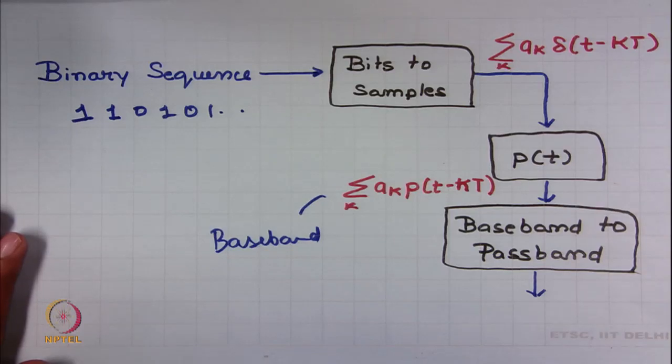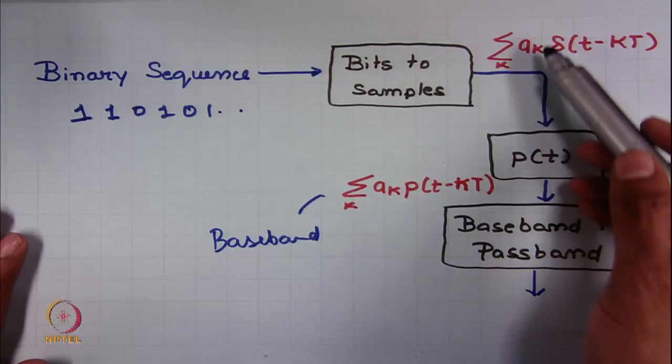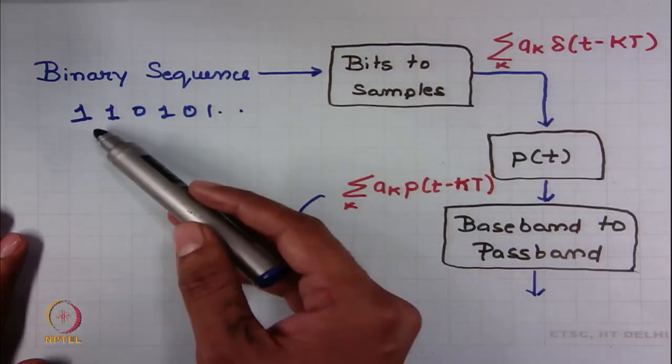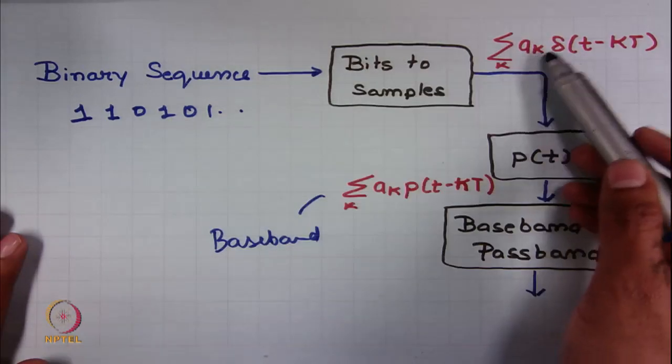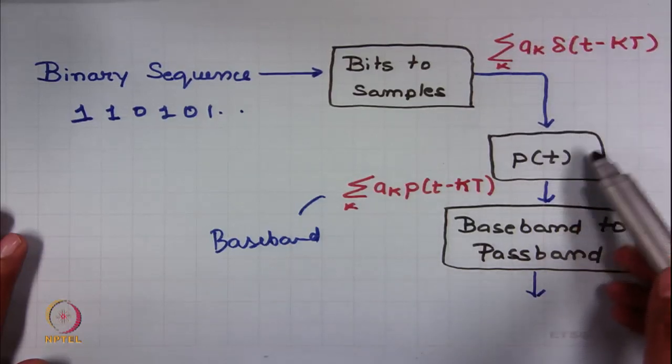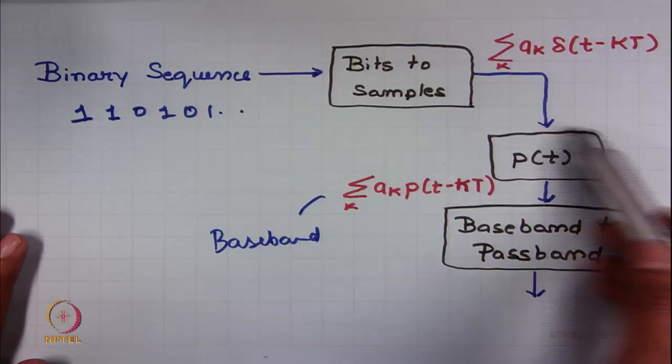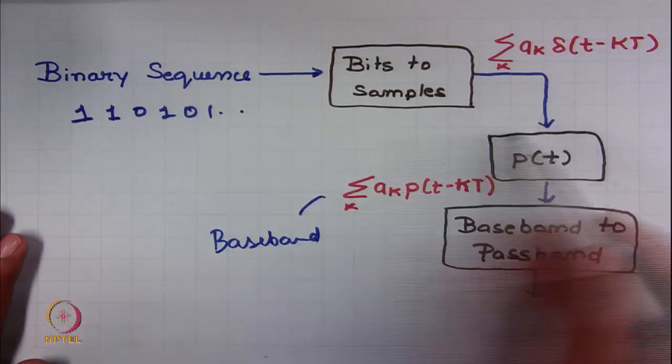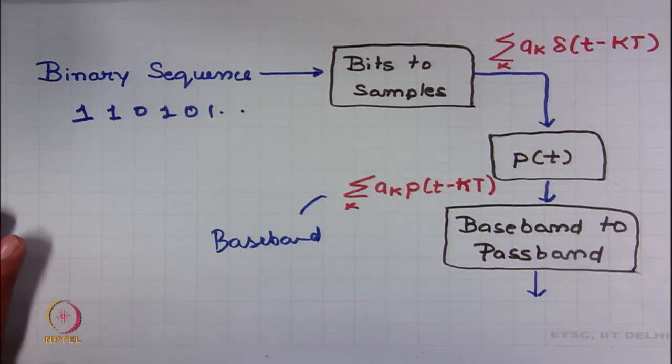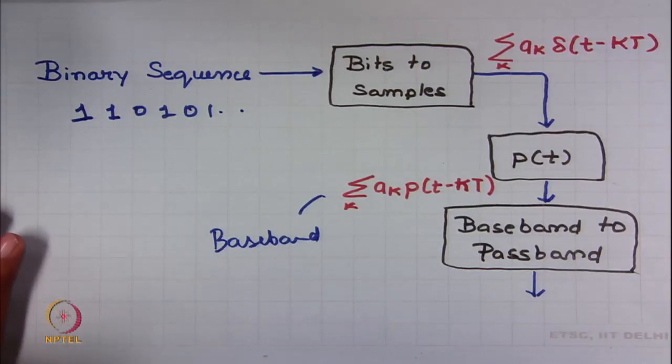What we are interested in this lecture is understanding the impact of the mapping of the binary sequence to these A_k, and the impact of the impulse response of the filter on the spectral occupancy of various modulation schemes.